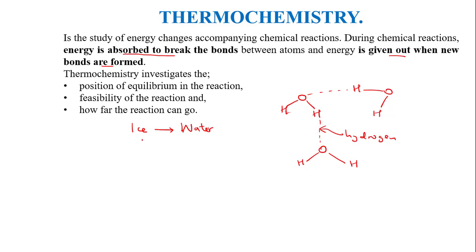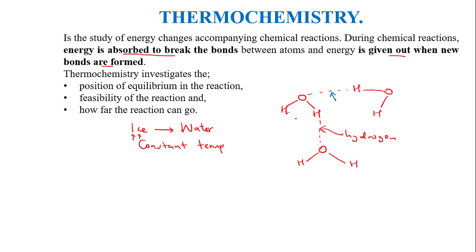we have a constant temperature. That is to say, during change of state, temperature remains constant. But the question is why? During change of state, the energy that we apply to the ice, instead of being used to increase the vibration of these water molecules, is used to break the bonds.